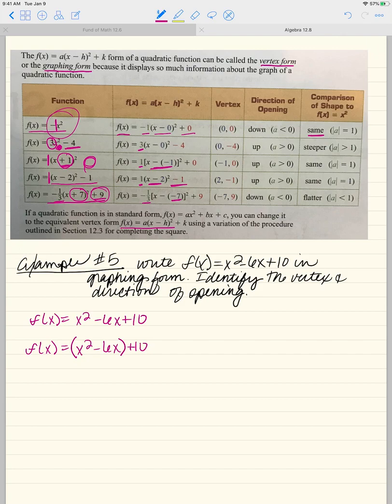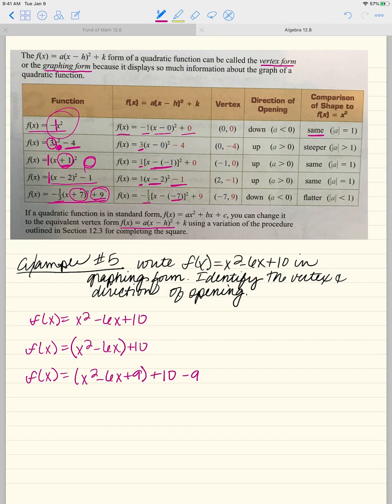So (−6/2)² is 9. So we get f(x) = (x² − 6x + 9) + 10, and we subtract 9 outside of the parentheses so that the value of the right side of the equation will not change, okay?